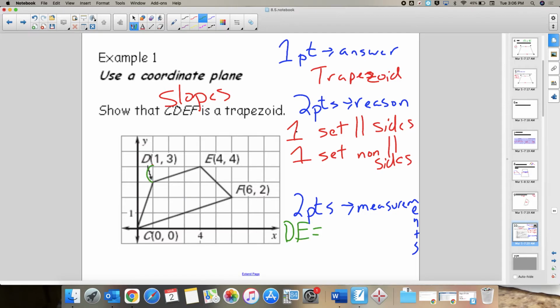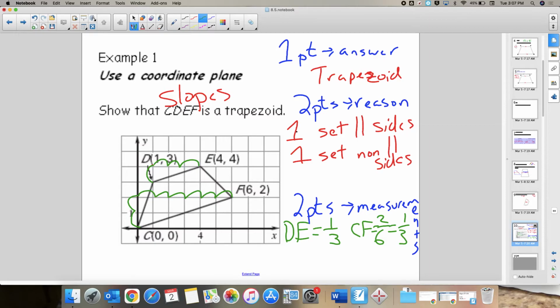DE has a rise of 1 and a run of 3. So DE has a slope of 1/3. CF has a rise of 2 and a run of 1, 2, 3, 4, 5, 6. 2 over 6 reduces to 1/3. So I just showed that I have one set of parallel sides.